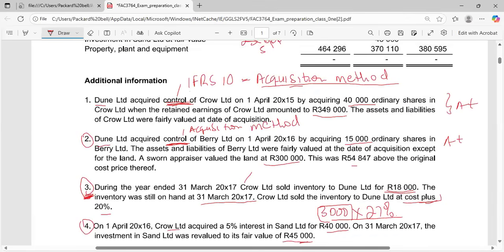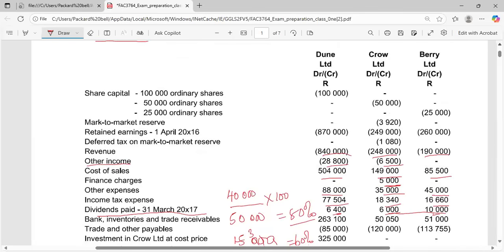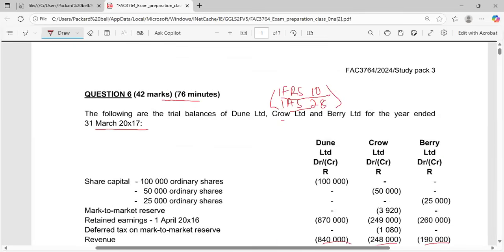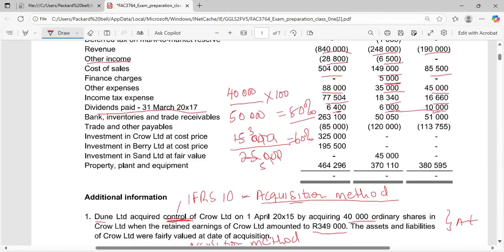So in our analysis, we are going to take Crow and Berry. So let's start with Crow. They acquired control by acquiring 40,000 ordinary shares in Crow Limited when the retained earnings of Crow Limited amounted to 349. The assets and liabilities of Crow Limited were fairly valued at acquisition.